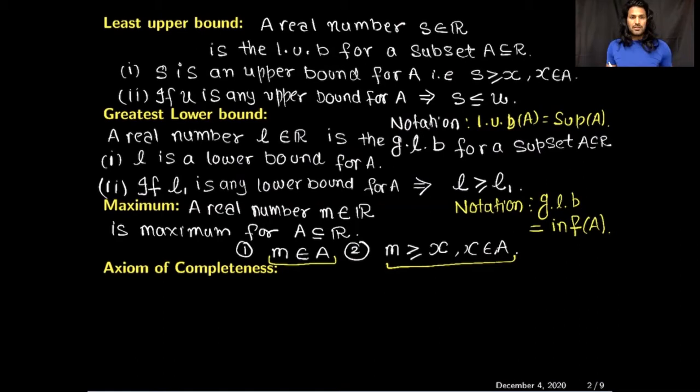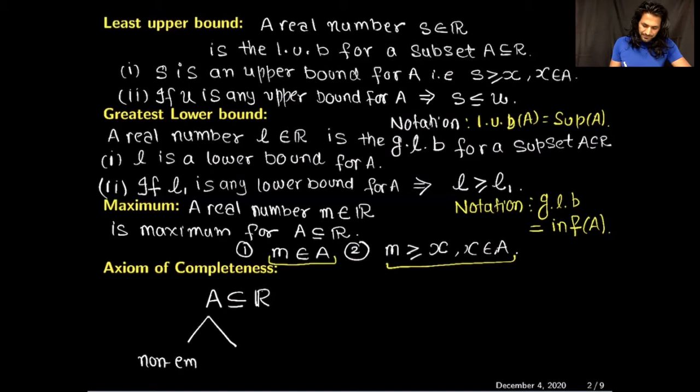Now, since we have the definitions of the least upper bound and greatest lower bound, we can also state the axiom of completeness. So what is the axiom of completeness? Let's suppose you have a subset of real numbers, and that subset satisfies two properties. One is that it is non-empty, and the second property is that it is bounded above.